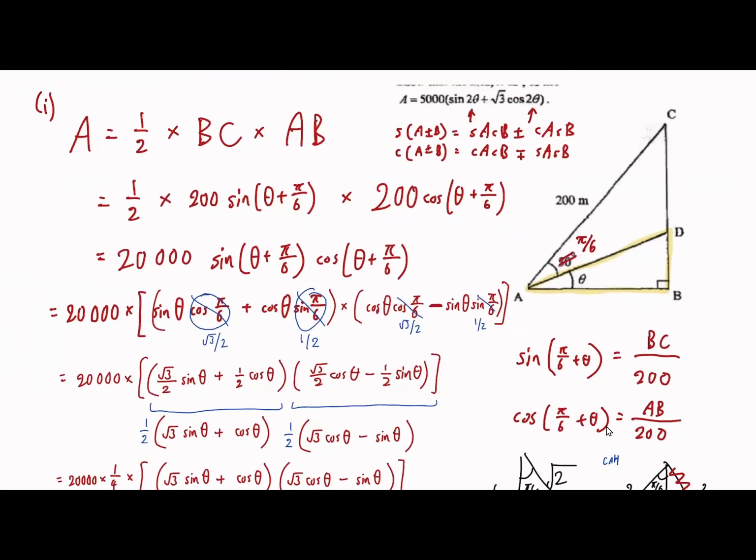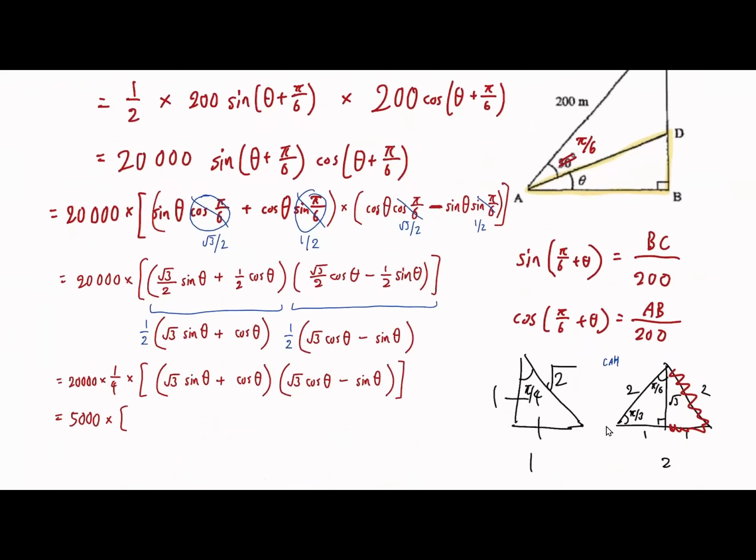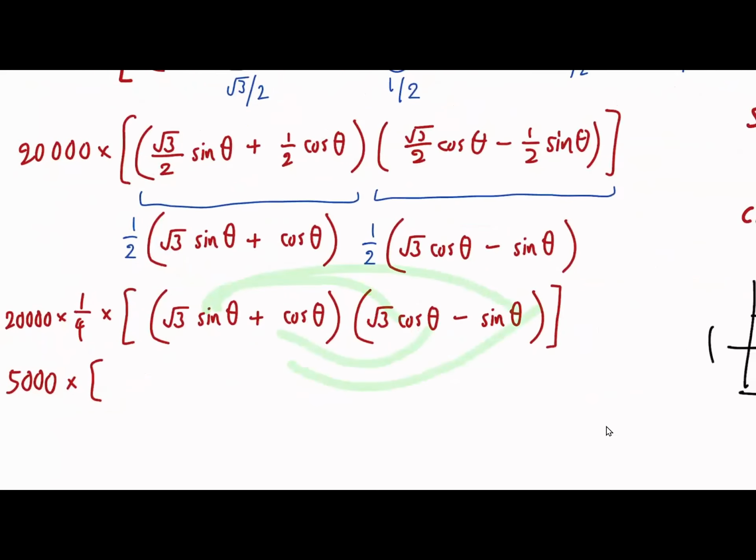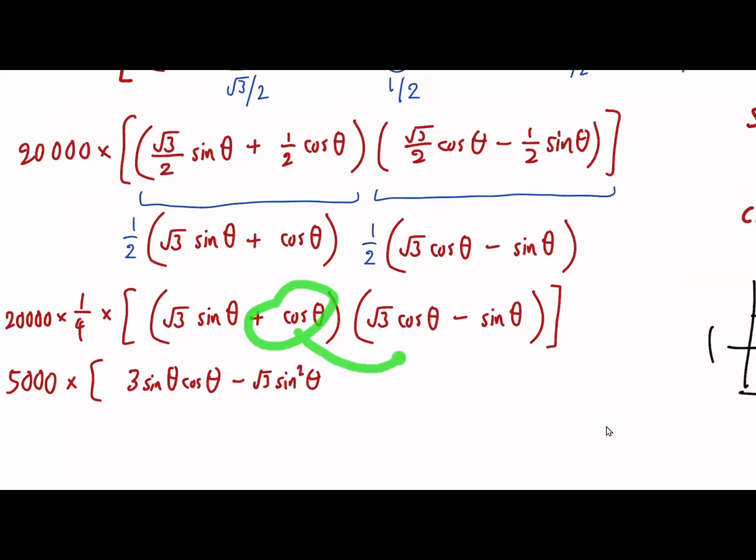But before that, let's just multiply it out first. So first one, root 3 times root 3 becomes a 3, sine times cosine, so 3 sine cos. Second term, root 3 sine times negative sine becomes negative root 3 sine square. Next one, cosine times root 3 cos becomes positive root 3 cos square. Positive cos times negative sine, negative cos sine.